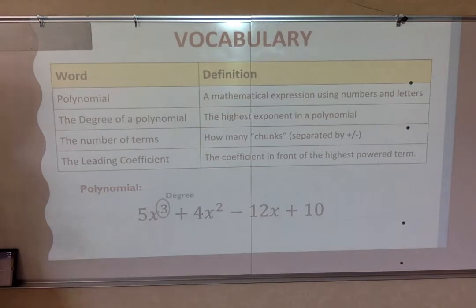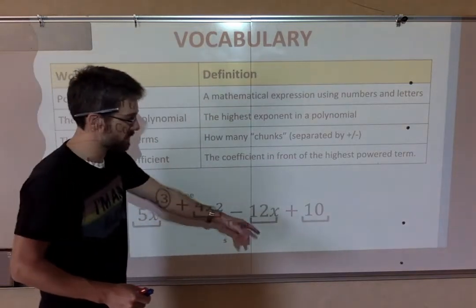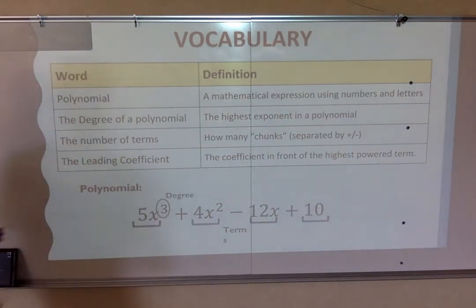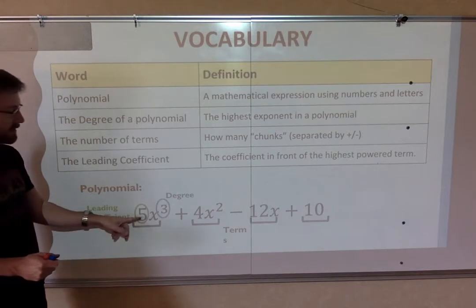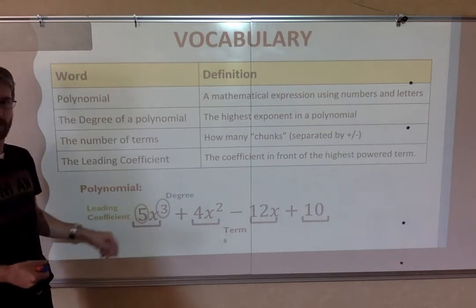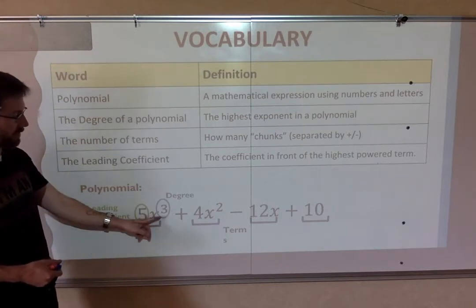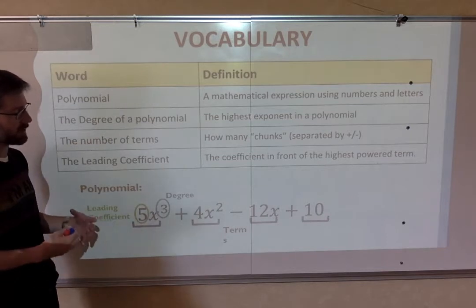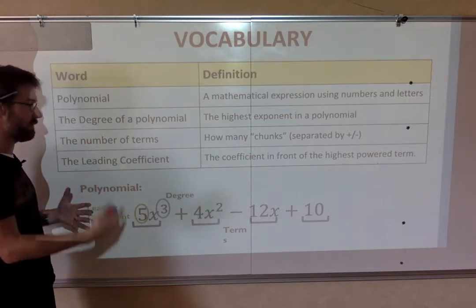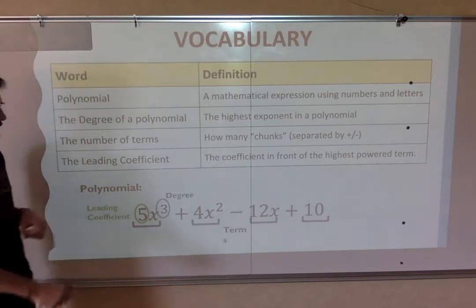The number of terms are these chunks that are separated by pluses and minuses. So in this case, there's 4 terms. And the leading coefficient is the number that's all the way in the front when it's in standard form, and it's the coefficient, or the number, that's being multiplied to the variable of highest degree.